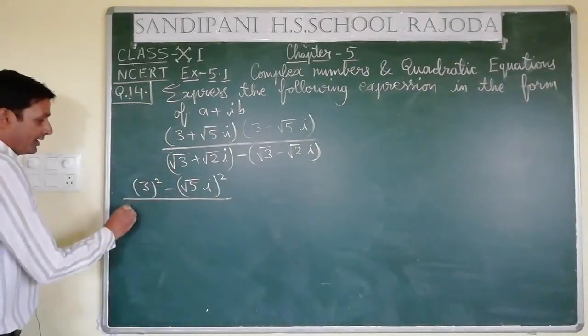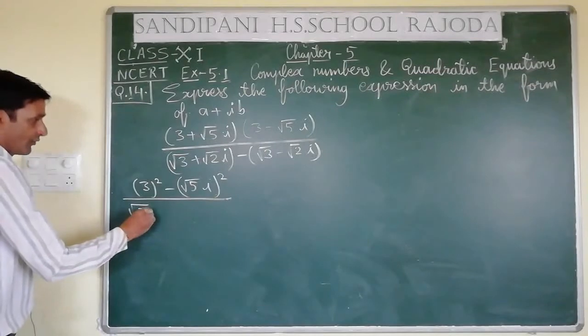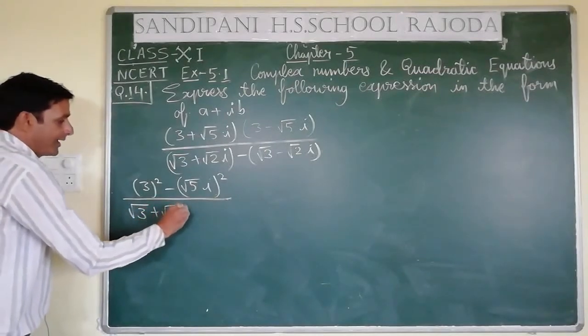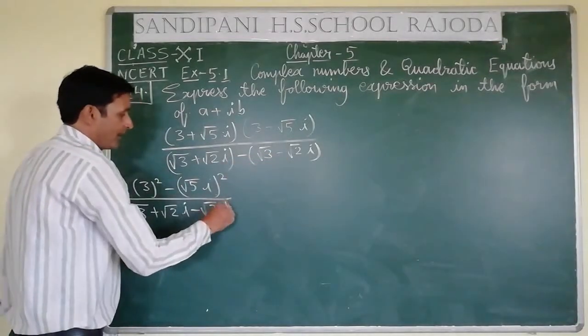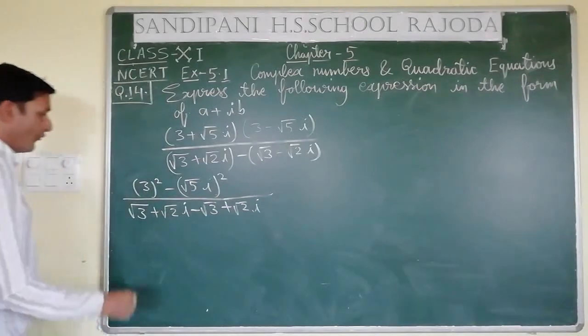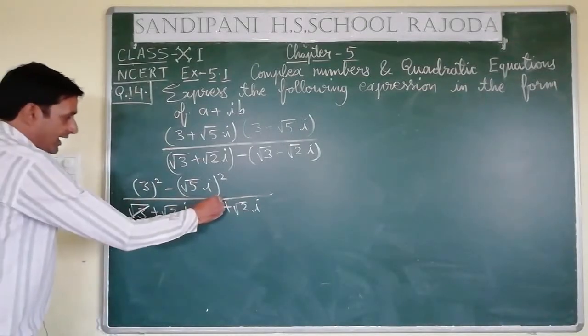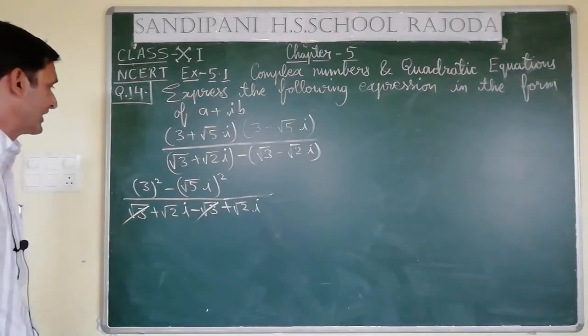And in the denominator we have to open this complete bracket. So it will be root 3 plus root 2i minus root 3, and then minus into minus will be plus root 2i. So now what will be cancelled here? This root 3 and this root 3 will be cancelled because one is having a positive sign and this one is having a negative sign.